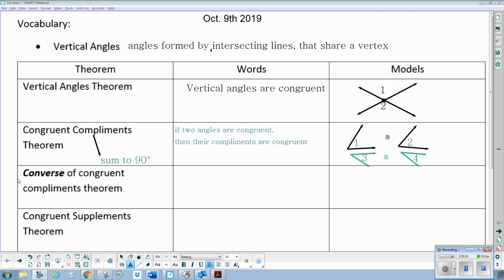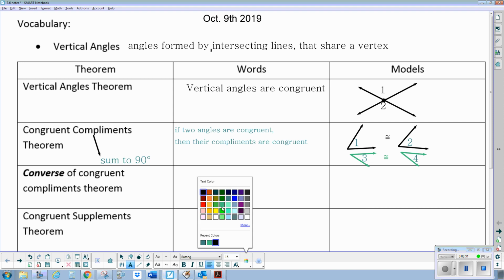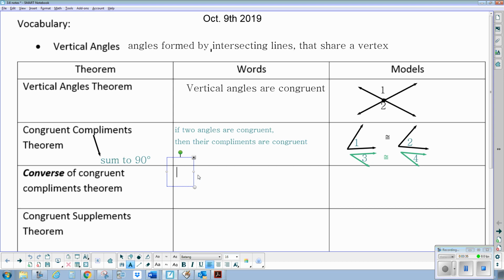So let's look at this converse. Remember, the converse switches the if and the then part of the statement. So we're going to reword it just a little bit so that it actually makes sense as a theorem. But the converse of the congruent complements theorem says that if two angles are complements to the same angle, then they are congruent.